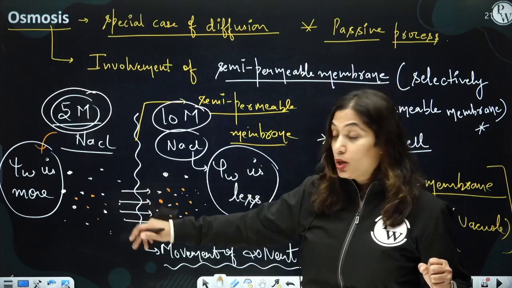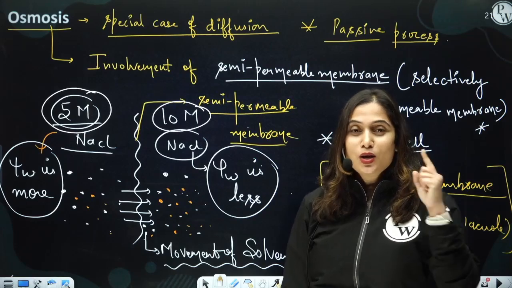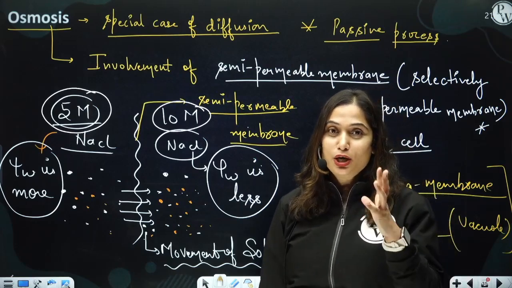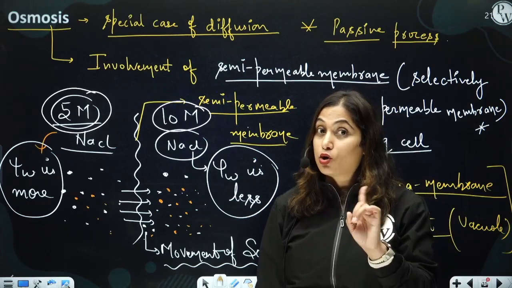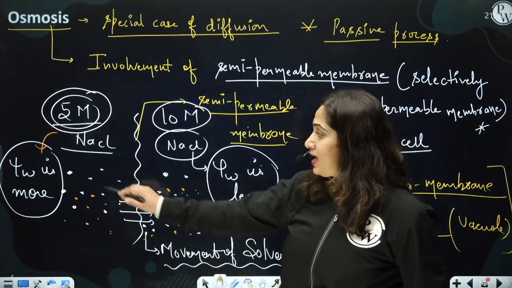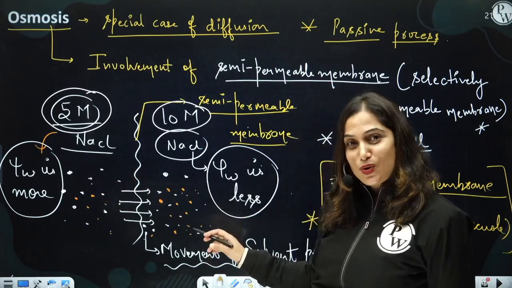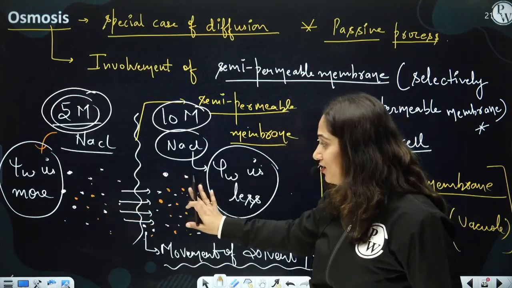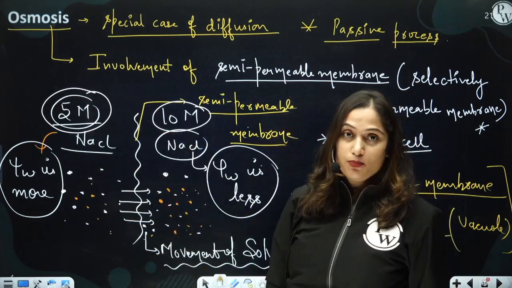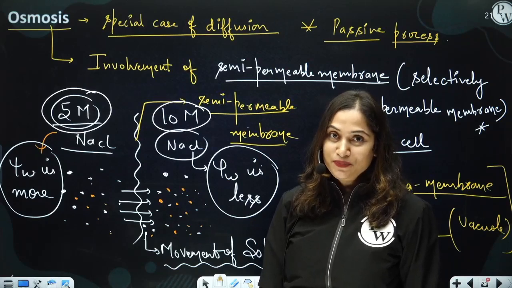Sugar or salt will never move across a semi-permeable membrane. Only water will move. So remember, during osmosis, there is only movement of solvent particles or water, not solute. So here the water is more, here the water is less. So water will move from here to here, cross the semi-permeable membrane, and this is called osmosis.